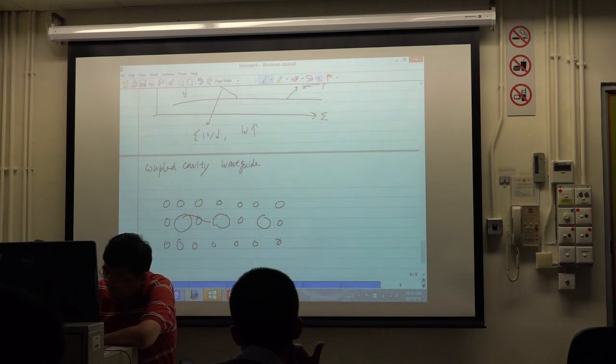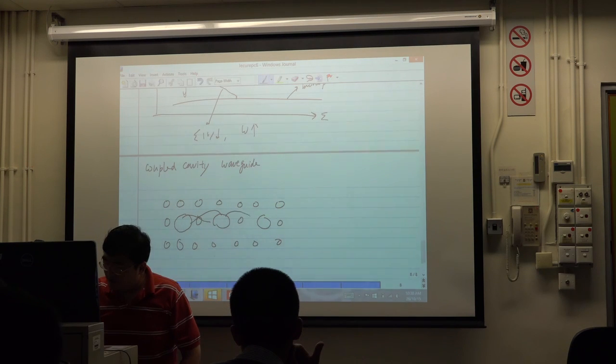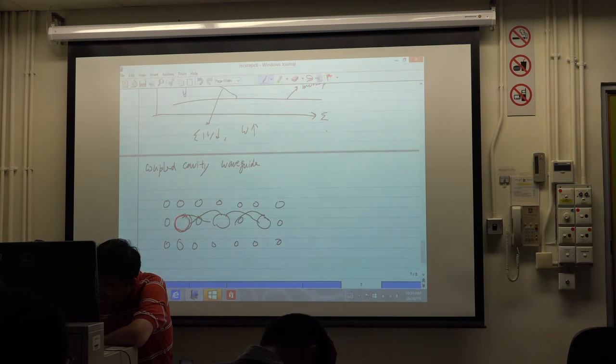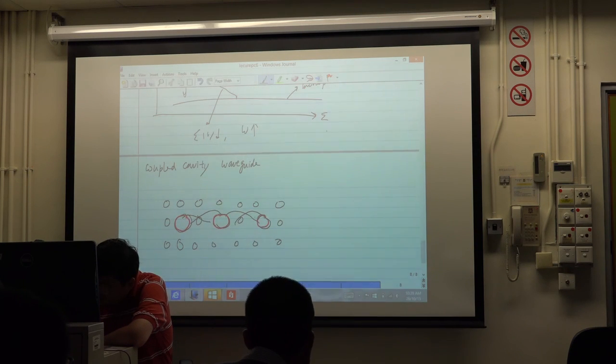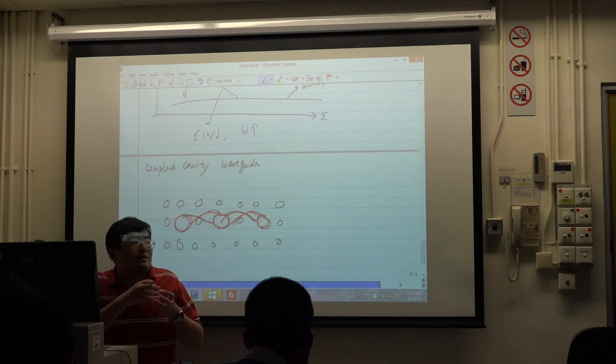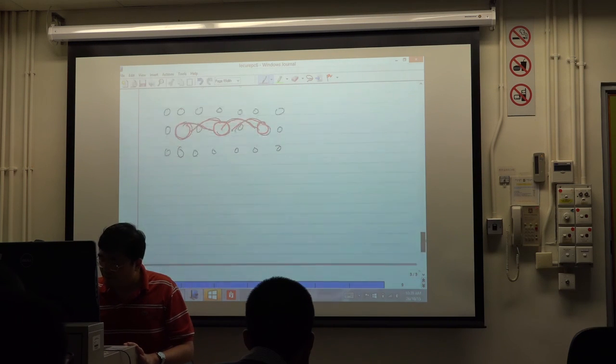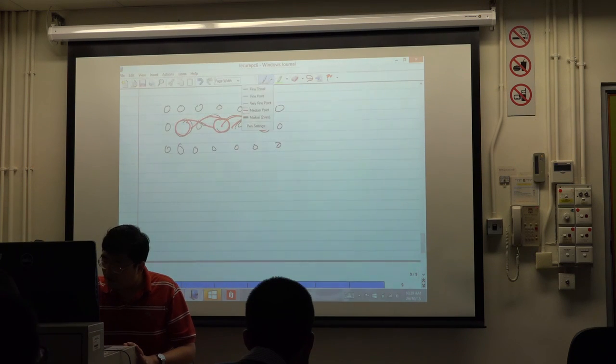They will couple to each other, so they can propagate. I use maybe red colors here: this cavity, this cavity, this cavity. The fields can be coupled to each other because they do not decay too much. So if I change to this, you can see what happens. What's the fundamental difference?